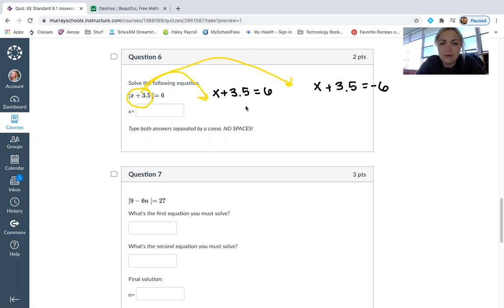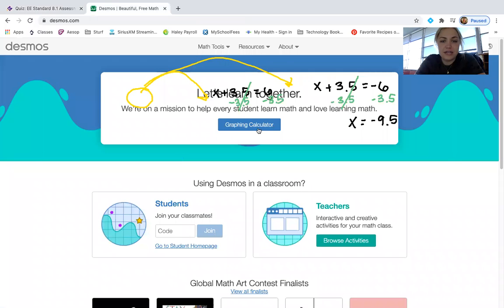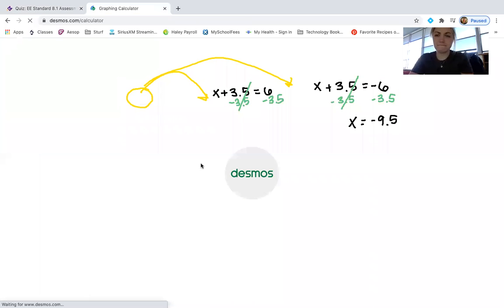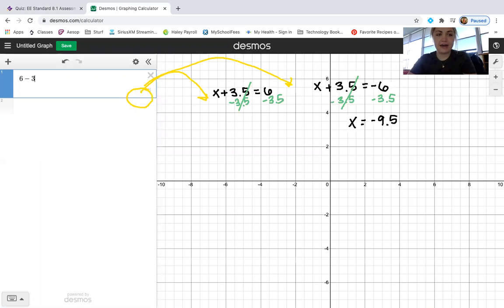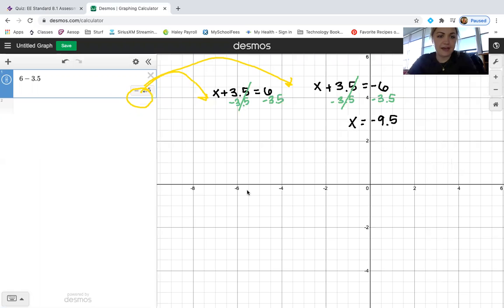Now on both of these, I'm going to be subtracting 3.5. Over here, when we do negative 6 minus 3.5, I get negative 9.5. Over here, if I'm doing 6 minus 3.5, let's type that in. 6 minus 3.5, and I get 2.5.